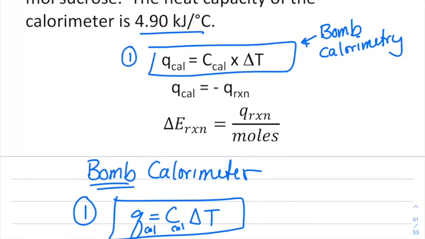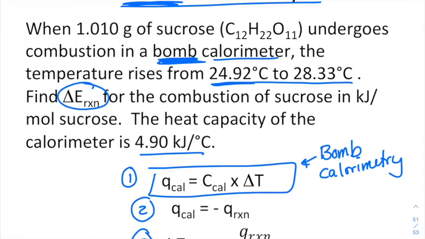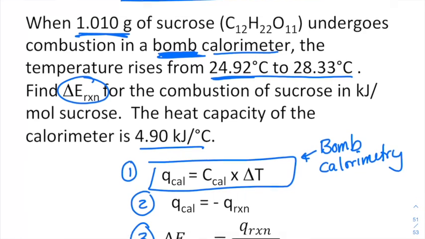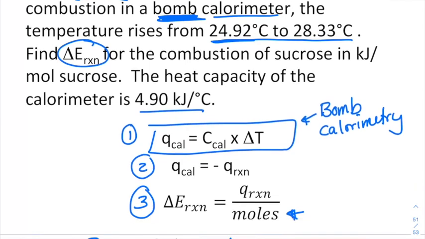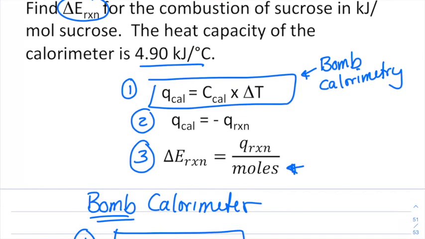Where we're going to use it is right down here in what I'm going to call step number 3. But we do get to use it. But that's what's confusing for a lot of people because you're given these grams, and we've done so much Q equals MCAT, everybody wants to throw those in. But you don't get to use the grams until this last step when we'll be converting them into moles. But very good question. All right, so we just found the Q of the calorimeter. Now we need to find the Q of the reaction.